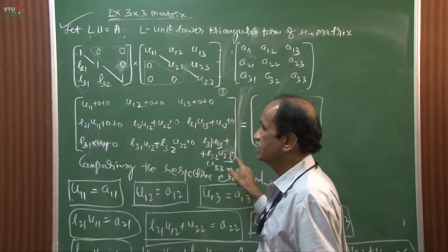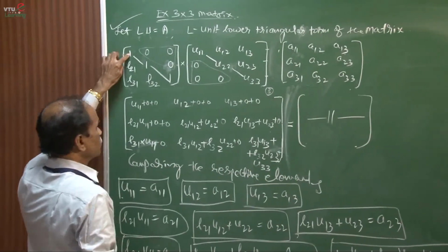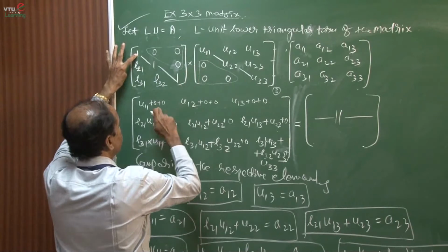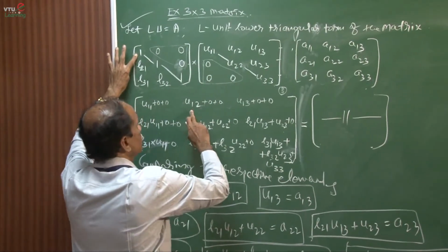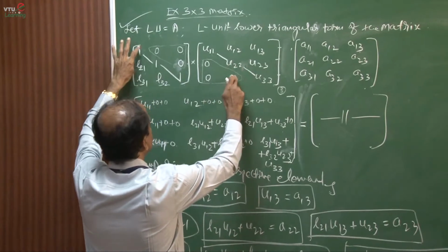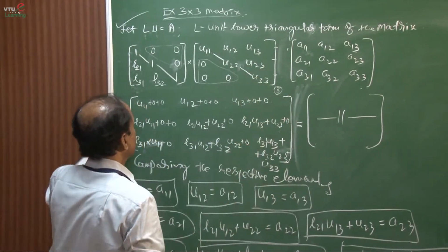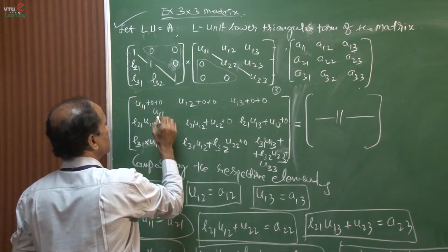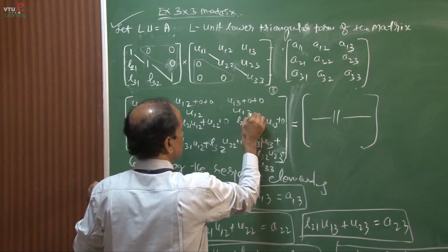we are able to get these values. First, 1 into U11, plus these two are 0, plus 1 into U12, plus these two are 0, and U13 similarly. So this becomes U11 only, U12 only, and U13 only.